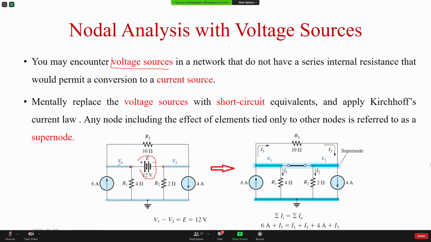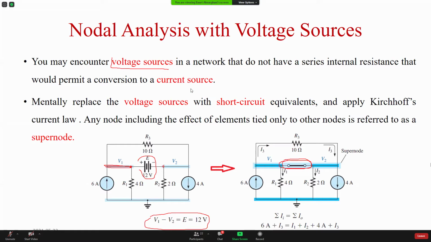And by the way, all this is one node because there's nothing in between. So you're going to find the equation for the source, which is the positive side minus the negative side. This is the voltage. Then you're going to assume there is nothing in between the nodes, like it's a short circuit, and you're going to have the other equation looking at the currents here.